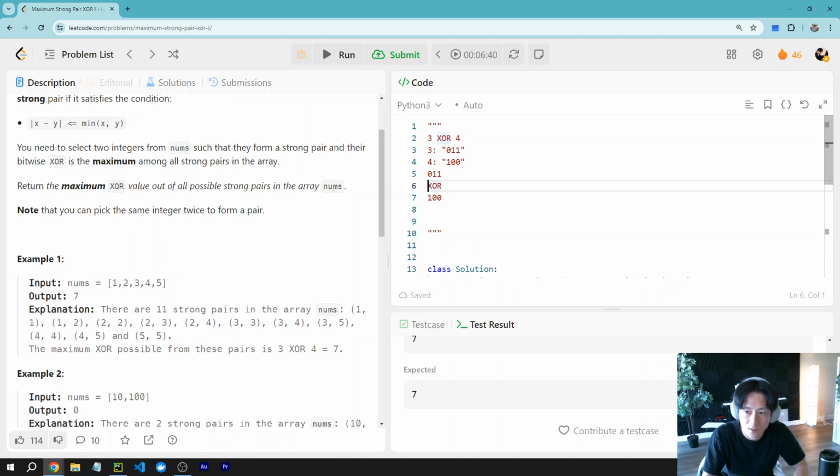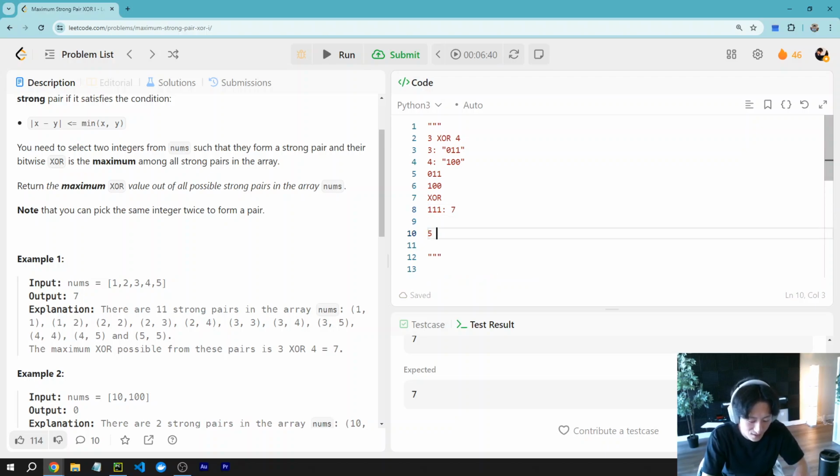This is going to be 1 1 1, and this is 7.